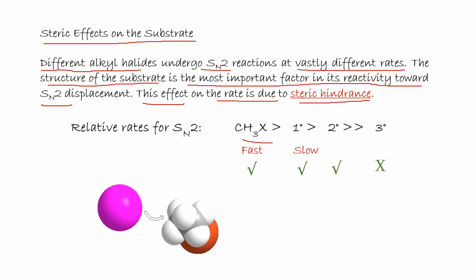Methyl halides are faster than primary halides, faster than secondary halides. The tertiary alkyl halides do not undergo SN2 reaction. See, the nucleophile has to attack the carbon carrying the halide, and the halide has to go out.